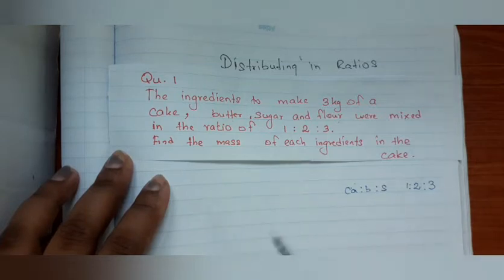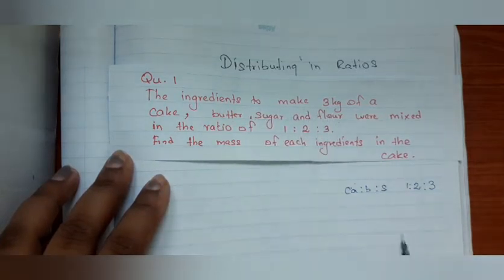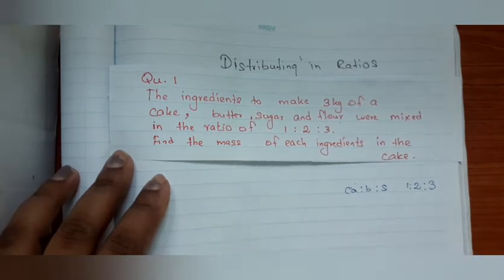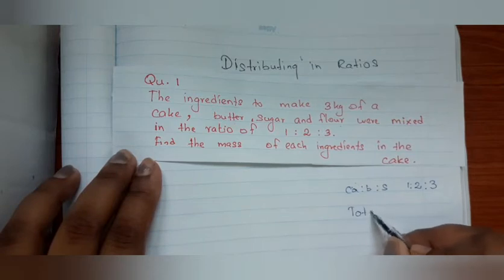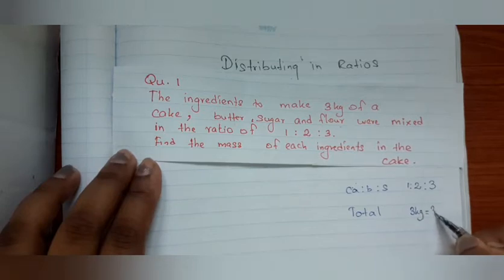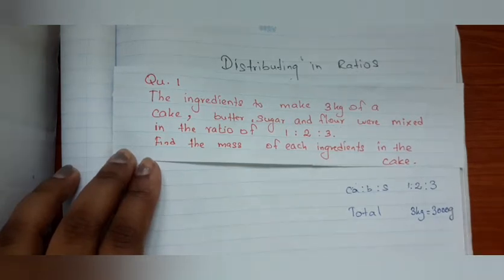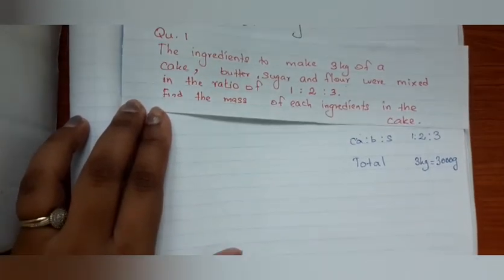Now what has been given here is the ingredients to make 3 kg of a cake. That means the total weight is going to be 3 kilograms, which is 3000 grams. 1 kilogram is 1000 grams, so 3 kilograms is 3000 grams. Now what has been asked is, find the mass of each ingredient.